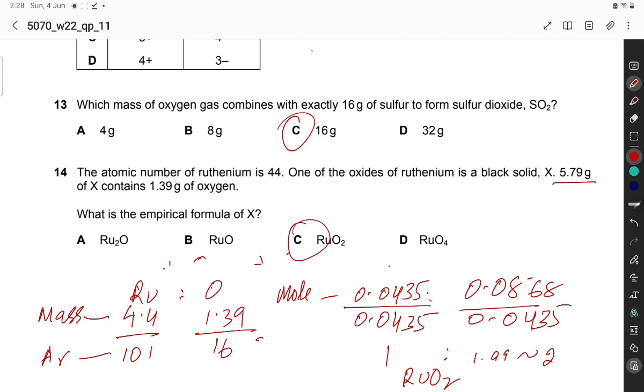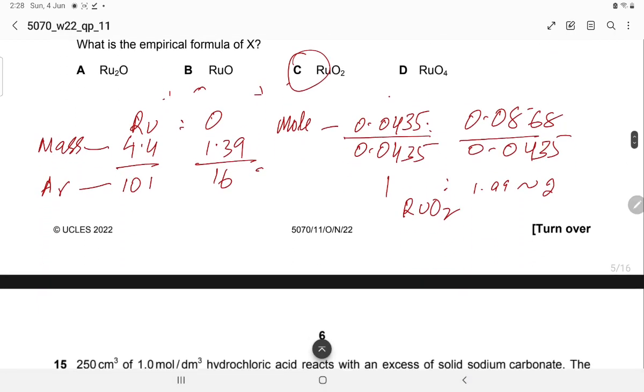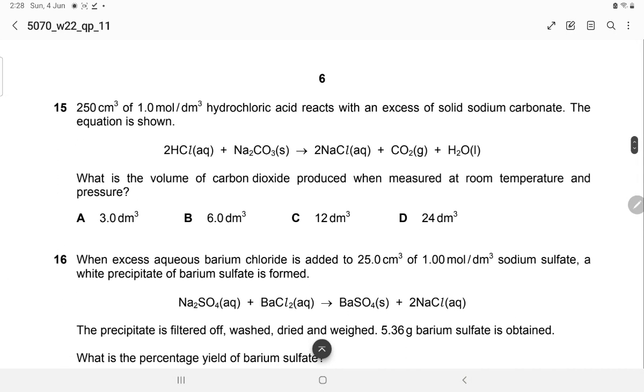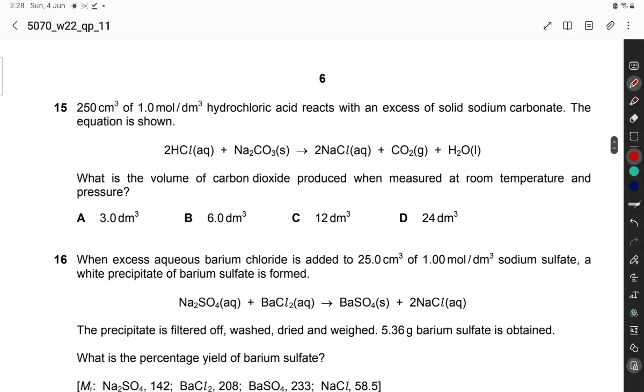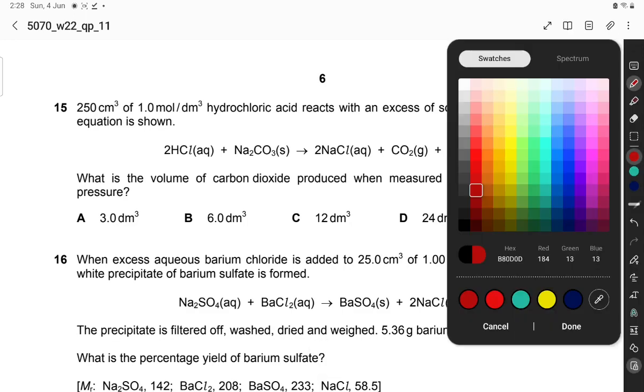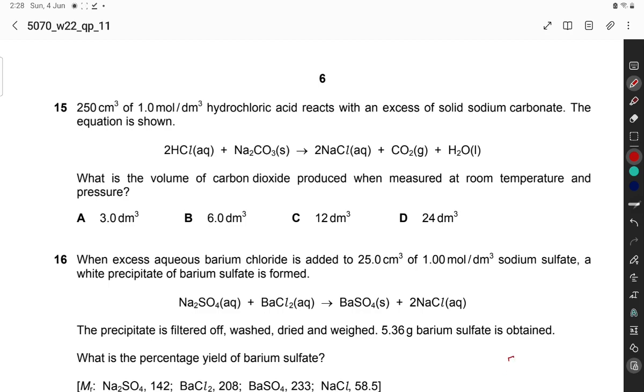Now next question is: 250 centimeter cube of 1 mole per dm cube hydrochloric acid react with an excess of sodium carbonate. The equation is shown. What is the volume of carbon dioxide produced when measured at room temperature and pressure?